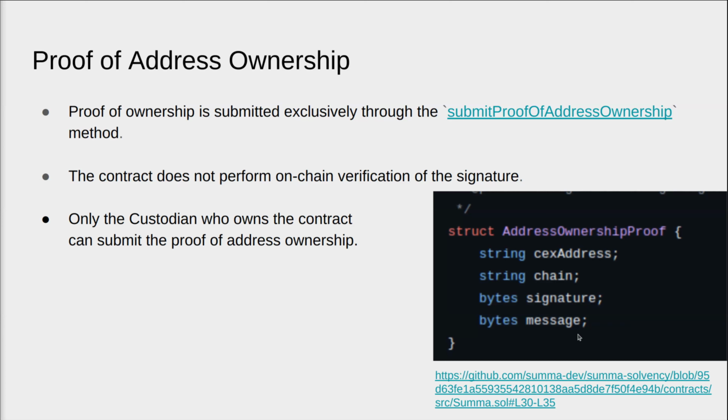I want to note that the custodian can set this message each time when submitting proof of ownership to the smart contract. Moreover, the Summa contract does not verify the signature validity at all. There are 2 reasons I want to mention.